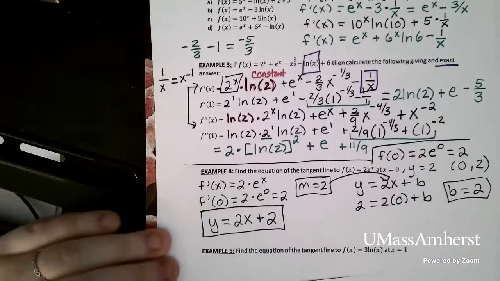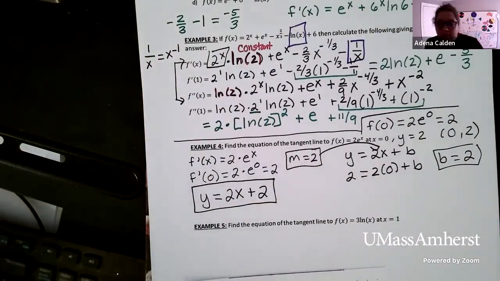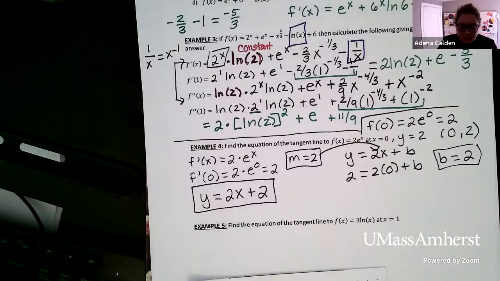Okay, so we're going to try one more of these, but now with a natural log function. Same process. We need to find the point. We need to find the slope. We need to put it all together.